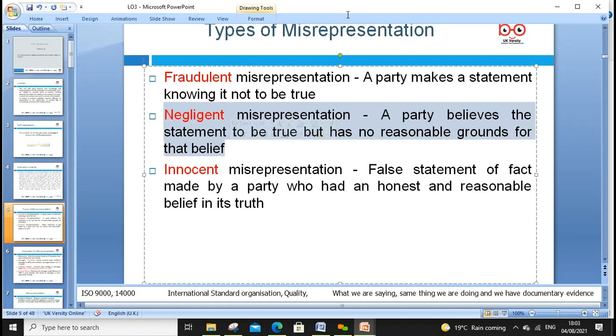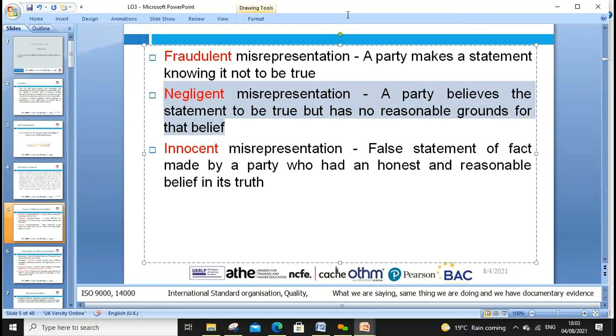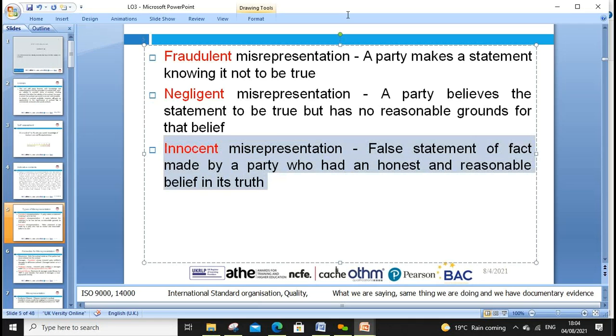Third, innocent misrepresentation: a false statement of fact made by a party who had an honest and reasonable belief it is true. They believed it was true, but actually it's not, so they are innocent. So fraudulent, negligent, and innocent are the three types of misrepresentation.